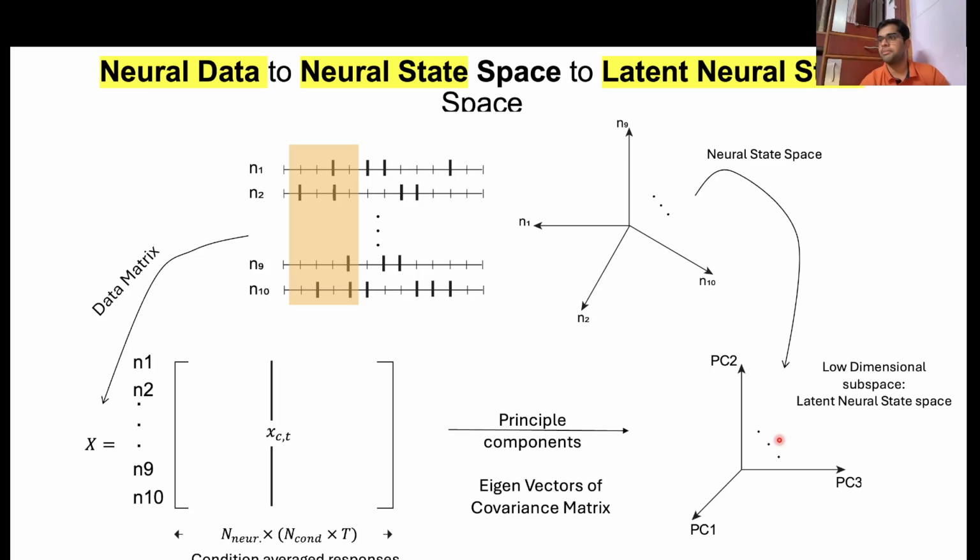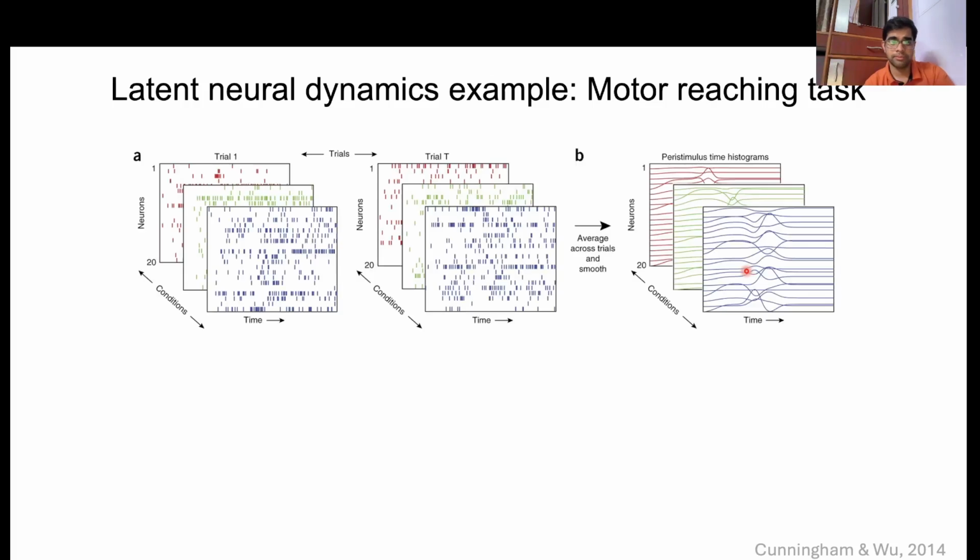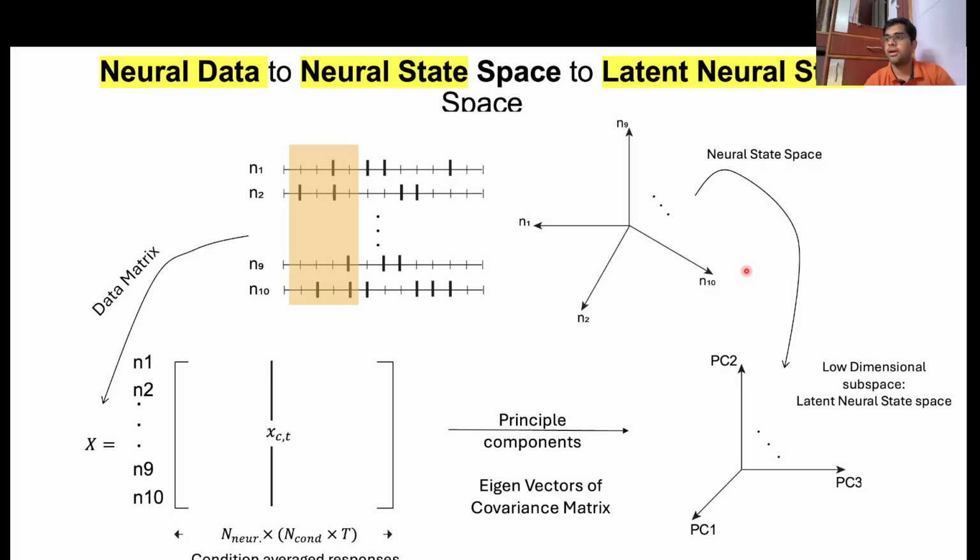So this is the main idea, and it's not just the neural state space, it's the dimensionally reduced neural state space, and then you do this. This is called latent neural state space, not just neural state space. So, is this part clear, of why dimensional reduction is needed?